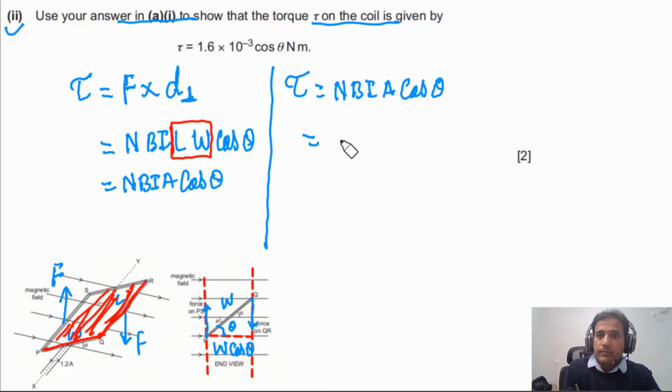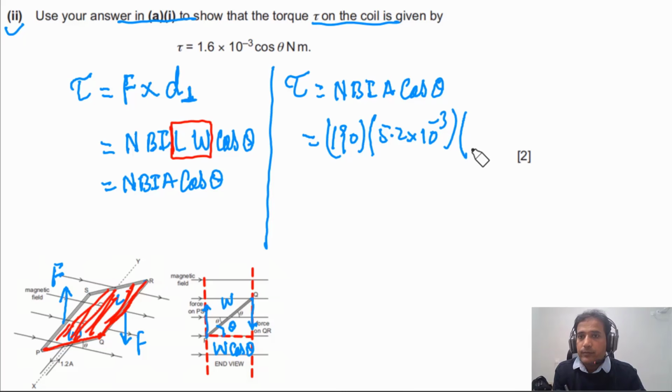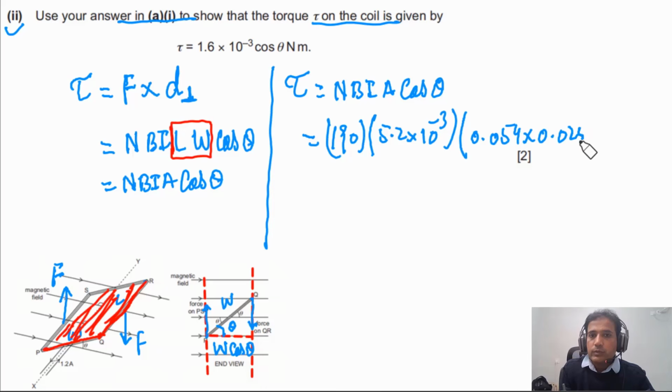So what is N? N is 190. And what is the value of B, the flux density? That was equal to 5.2 times 10 to minus 3. In this case we have area, that will be equal to 0.054 times 0.025.